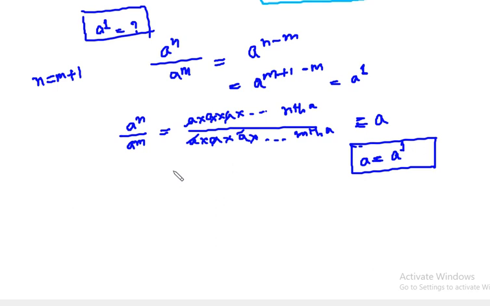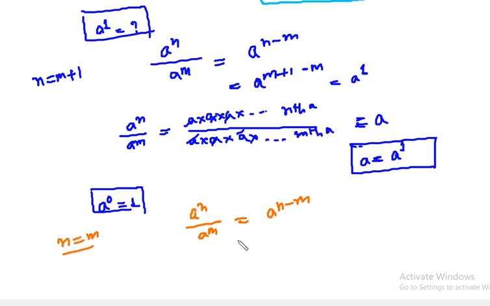Now how does a to the power 0 mean 1? This formula is a general formula, let us say, n minus m. Now if n is equal to m, then from this formula we get a to the power n minus n, and that means a to the power 0 on the right side.